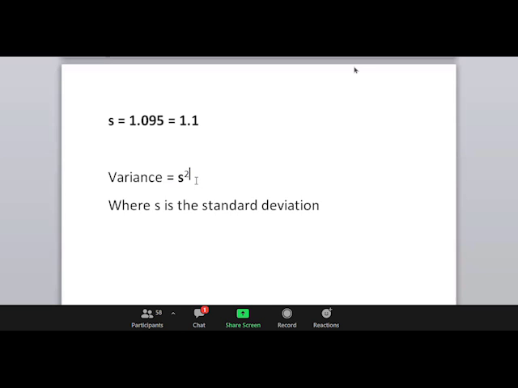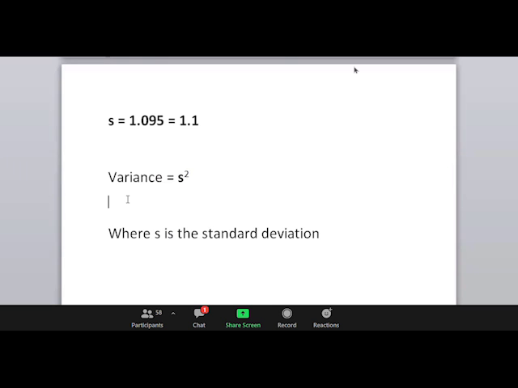How do we find the variance then? So variance is equal to 1.095 squared. Everything I'm writing here is already squared.